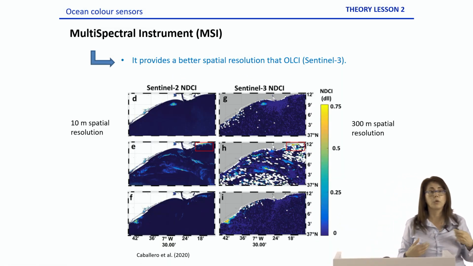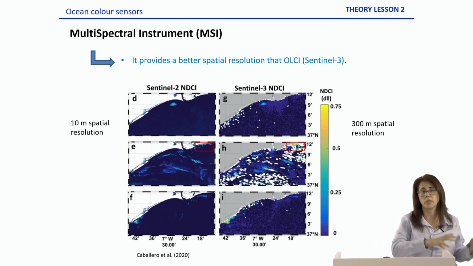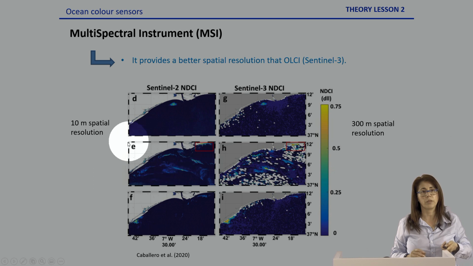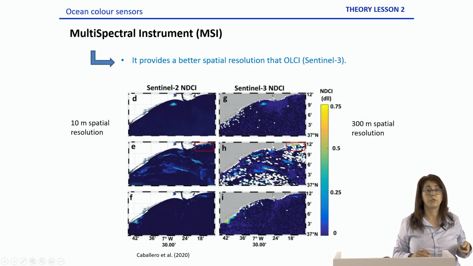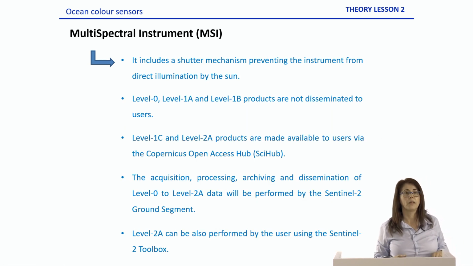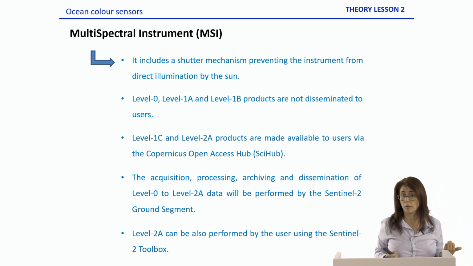And actually, if we compare the images taken from Sentinel-2 or Sentinel-3 satellites, we can see that with a 10 meters spatial resolution, the coastal features are much better than if we use Sentinel-3 with a 300 meter spatial resolution. This sensor, MSI, also includes a shutter mechanism that prevents the instrument from direct illumination from the sun, so it avoids this sun glint contamination.